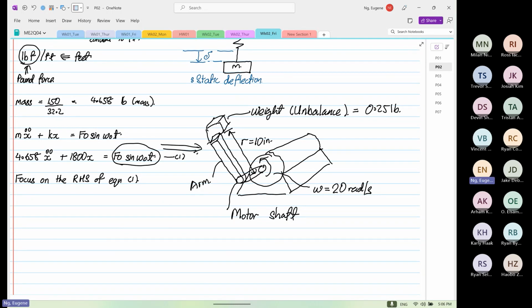That is the cause of it, yes or no? Right? So we are no more going to focus on our structure, but rather we are now going to focus on the motor with the unbalanced mass.